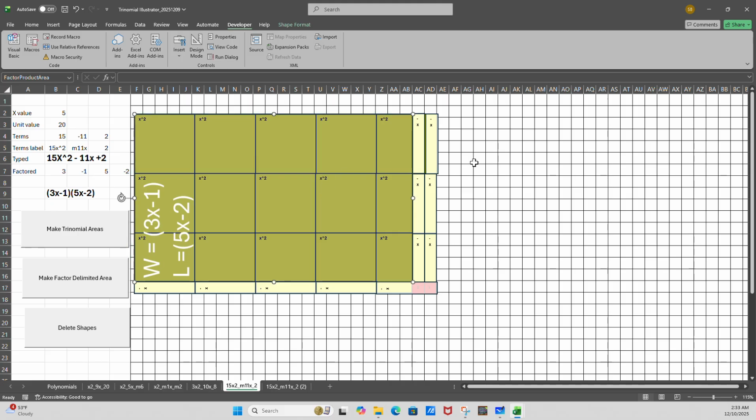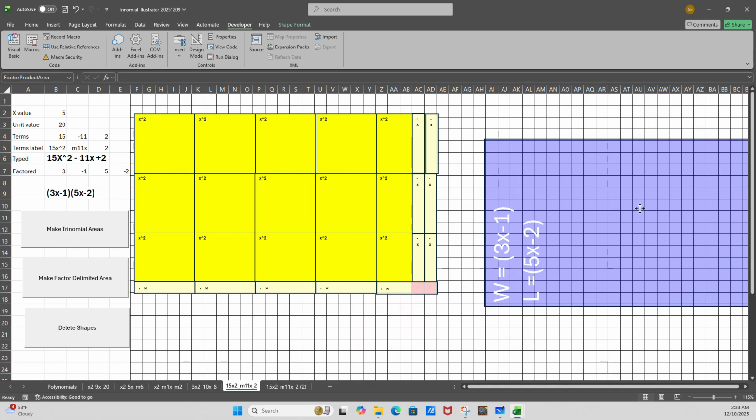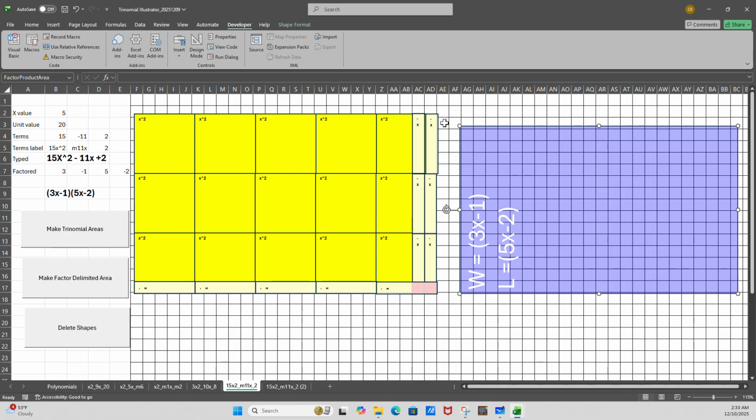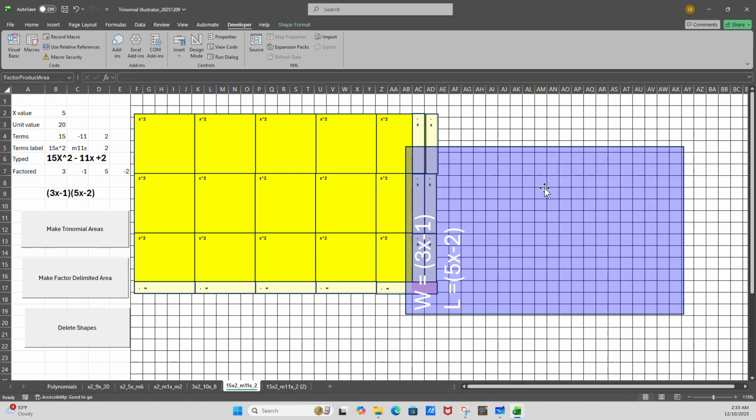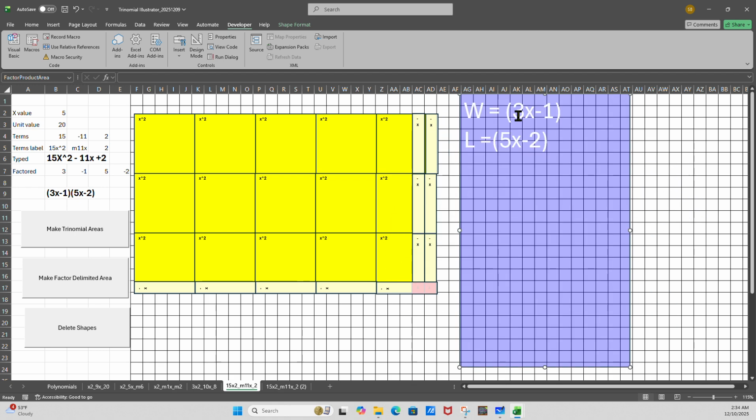And on the bottom, it's 1 taken away from 3x. So we have this length of 3x here, but we're just taking away 1 unit after this line. Which, if we rotate this, 3x minus 1 and 5x minus 2.